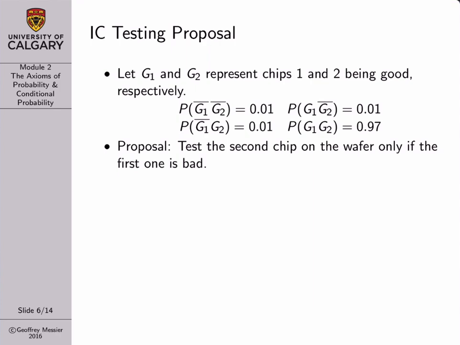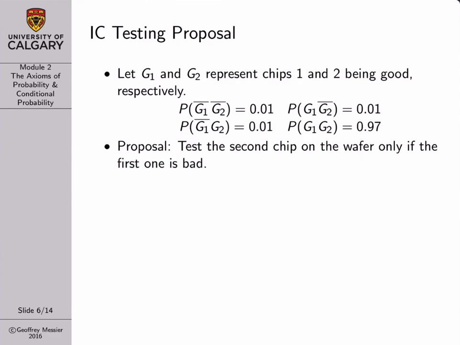And so this problem that I'm going to talk to you about is a very simplified version of this larger real-world problem, where we have a wafer with just two integrated circuits on the wafer: integrated circuit number one, and IC number two.